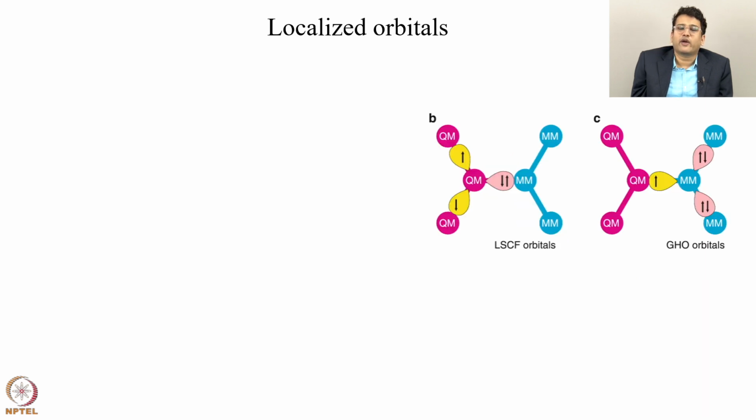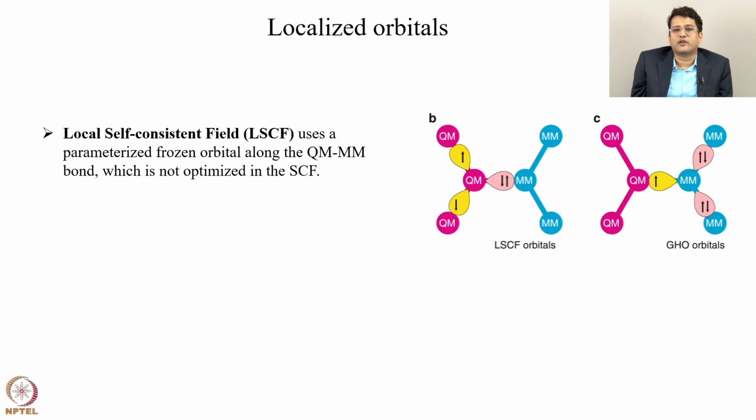The other way you can cut the bond is using more sophisticated techniques like a localized orbital or a GHO. In both approaches, you do not cut the bond explicitly. You just consider that the bond exists, but you change the orbital in such a way. In a local self consistent field, you parameterize a frozen orbital along the QM atom, which contains both the electrons and is not optimized in the SCF.